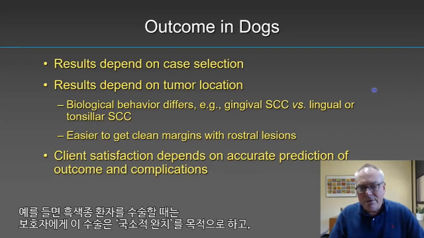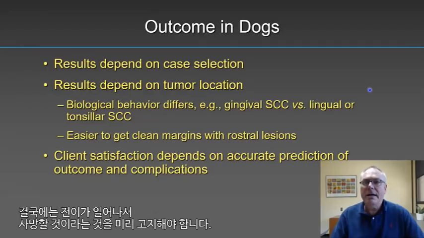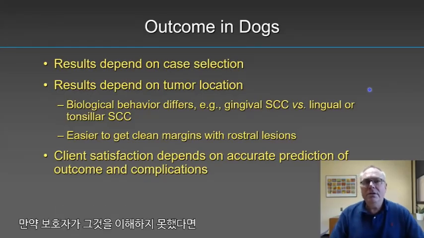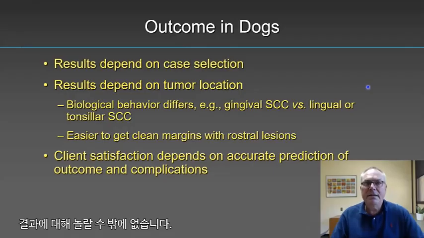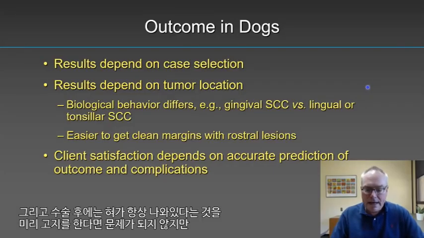So if you tell a client, this is a melanoma, we may achieve local cure, but your animal will likely die of distant metastasis, that is acceptable. If you don't inform them of the distant metastasis and it takes the client by surprise, they will be unhappy. So the accurate prediction of outcome and complication is important.